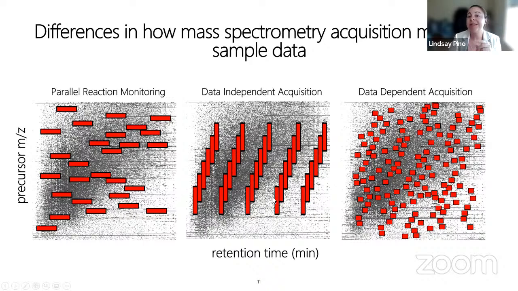So it's more systematic, it looks more organized than a data-dependent acquisition. It looks similar in some ways to parallel reaction monitoring, but covering more of the m/z space than parallel reaction monitoring would.